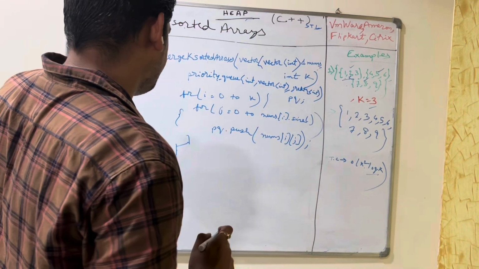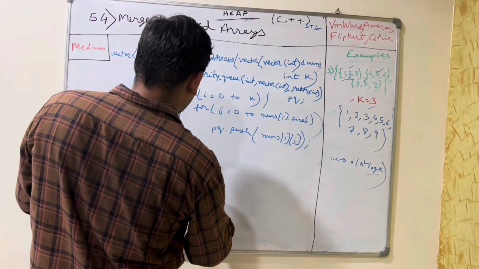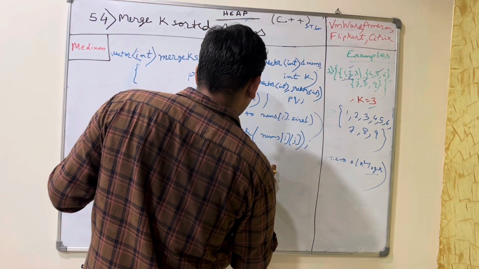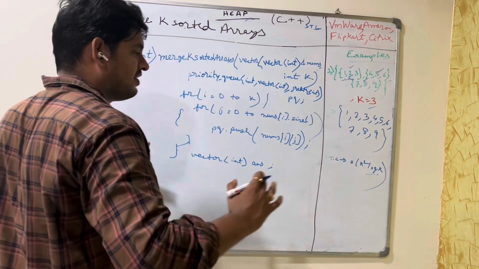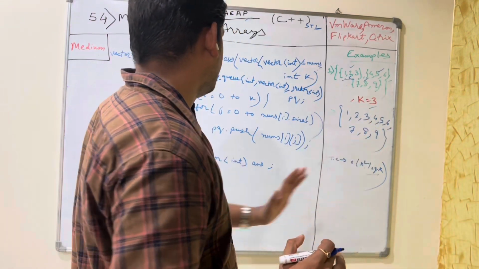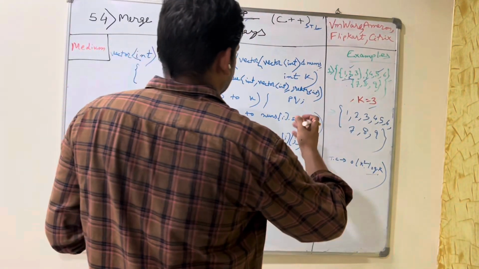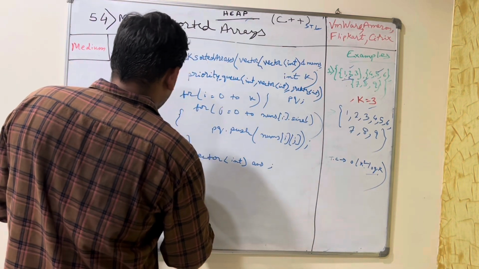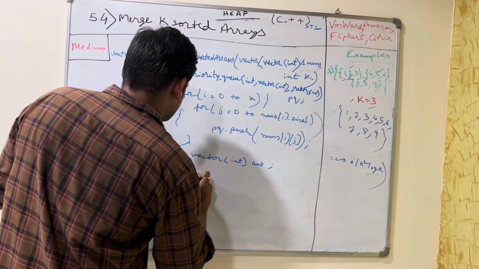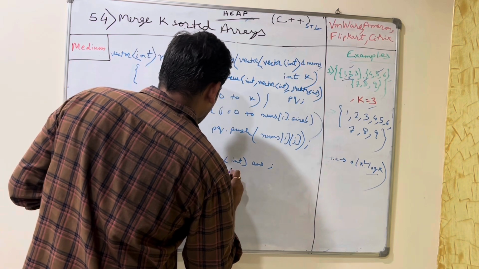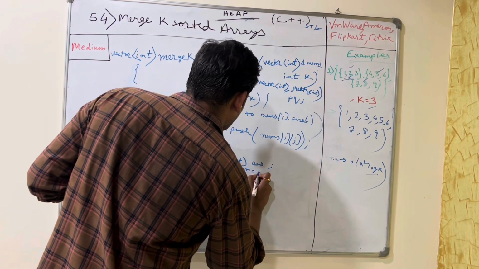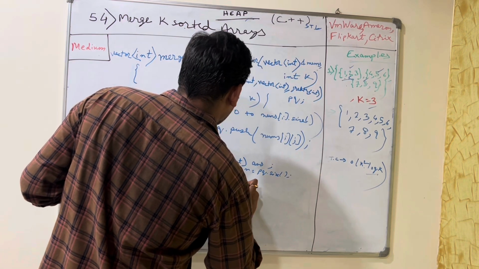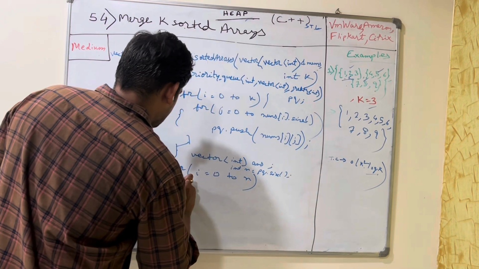now we have our answer as vector of int answer. Okay, and we now have a single list in the priority queue which contains around k into some elements, and then we just traverse this list. So we have int n equal to priority queue dot size, and then for i equal to 0 to n, what do we do?